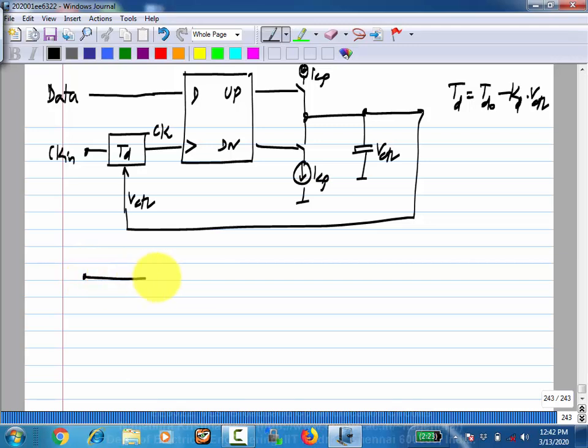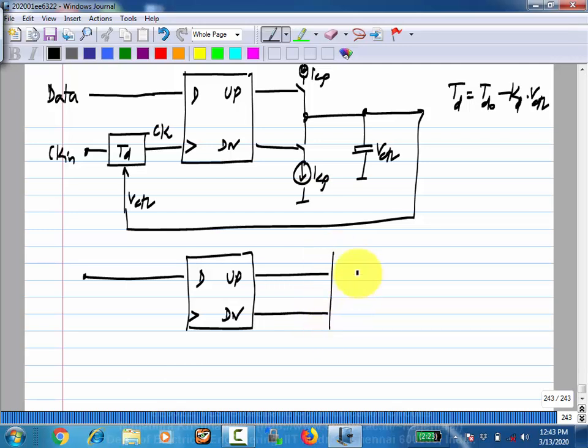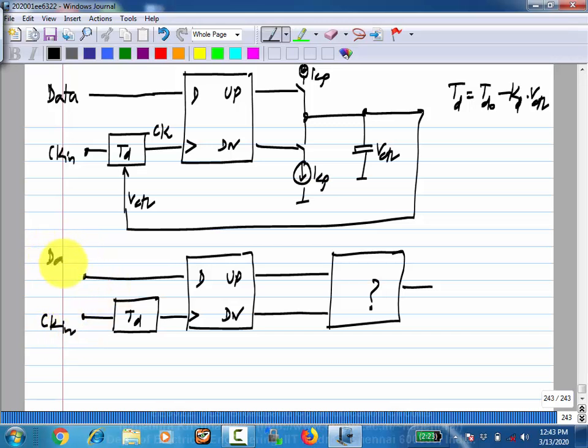So now let's do the same thing with a digital implementation. Here we get these digital signals, and I have something here that, let me show this as a phase delay.